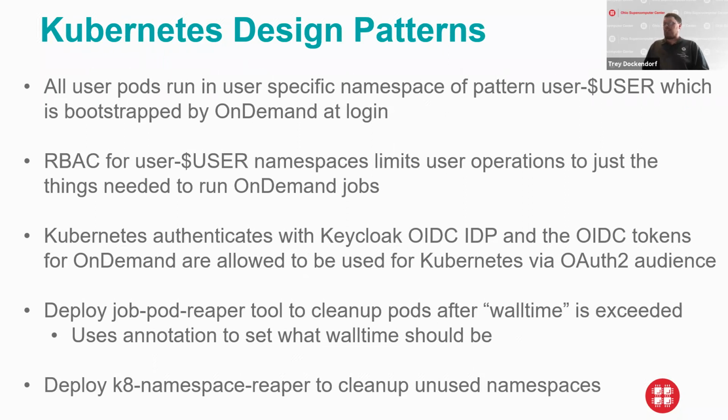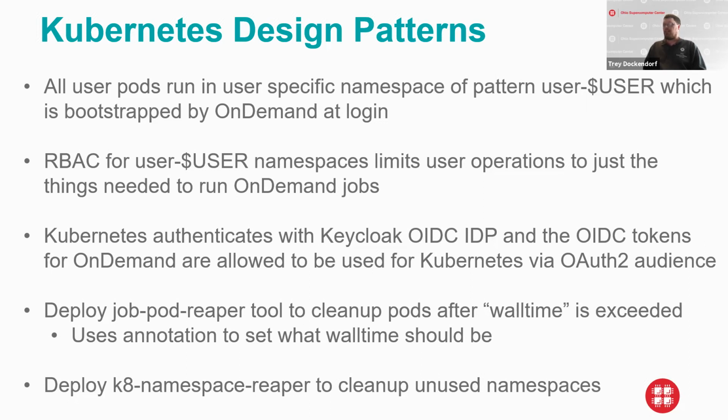Some Kubernetes design patterns we used. One real big one was that every user that logs into OnDemand gets a Kubernetes namespace with a user dash prefix and then their username, and this is bootstrapped by OnDemand when someone logs in. We have role-based access controls for these namespaces to limit users to the operations exclusively needed to run OnDemand jobs.